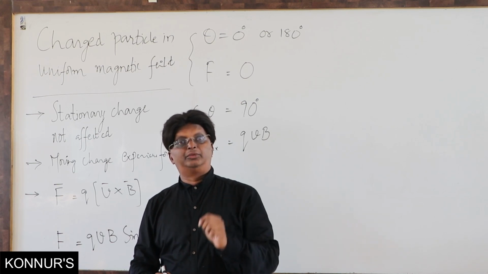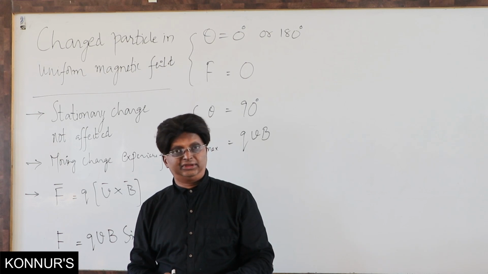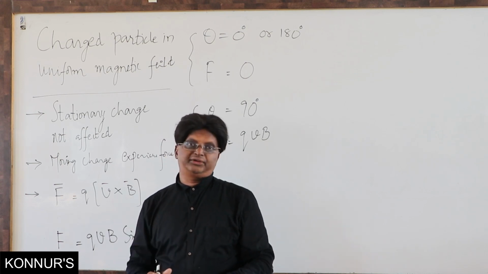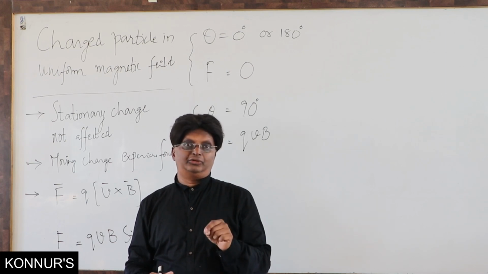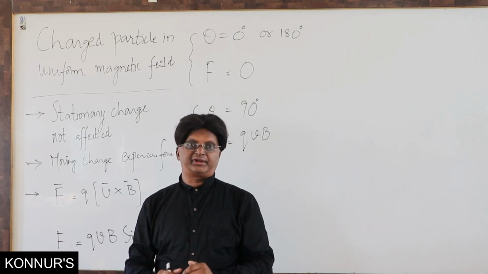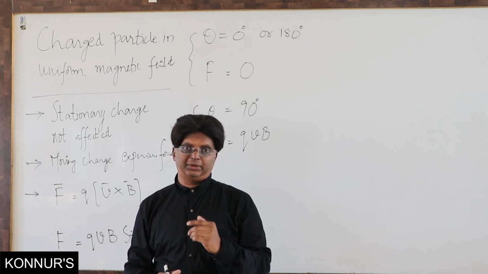Why it is not applicable to moving charges can be an assertion reasoning question, and again the reasoning is, yes, moving charges are associated with the magnetic field also, and that is why the force of interaction is different from k q1 q2 by r square.